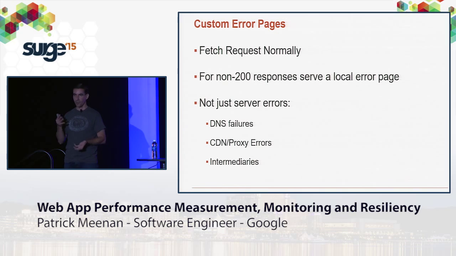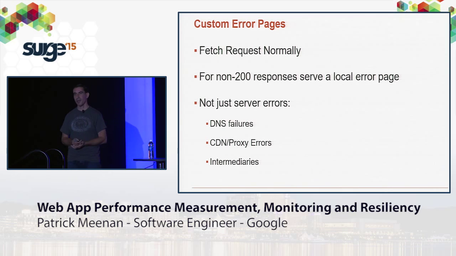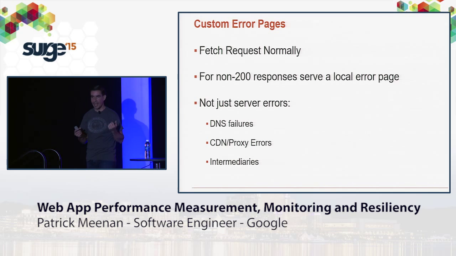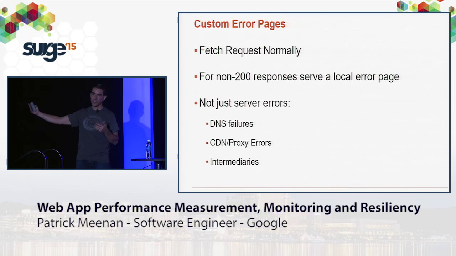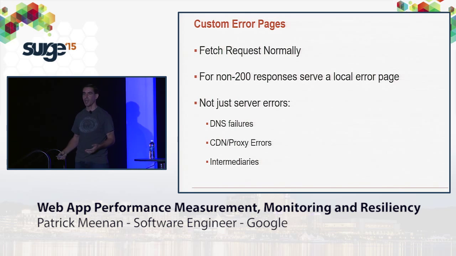We're working on it. We'll let you know, or try again later, or it looks like your internet connection's down. You can do your own custom error logic and do your own friendly error pages. You can also report when these things happen. So you can keep track of, hey, it looks like our servers were down for 3 requests that this user tried to do at this time, that kind of thing.